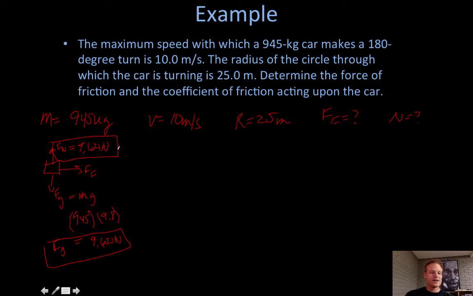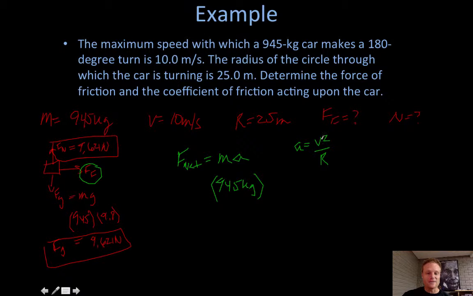Let me change pen colors here. Let's do green. The net force must be from the force of friction, right? The force of friction must be the net force. And so we know this formula, F net equals mass times acceleration. Do I have the mass of this car? The answer is yes, it's 945 kilograms. Do I have the acceleration? I don't, but I do have this velocity. And if you remember in the previous lesson, we said that the formula for acceleration is v squared over r.